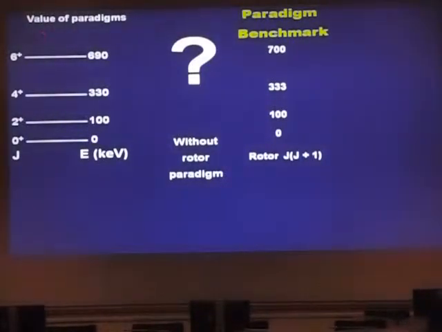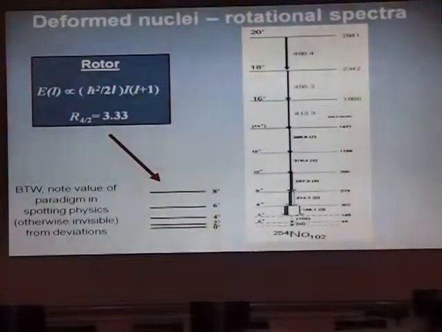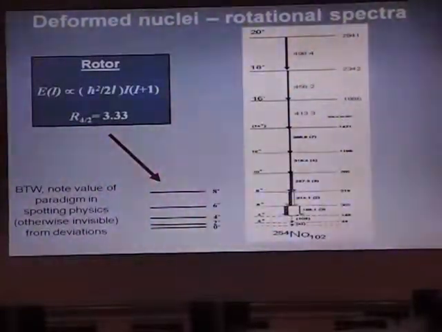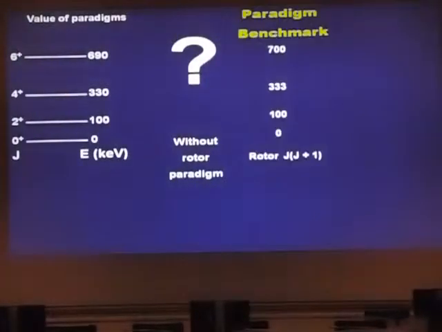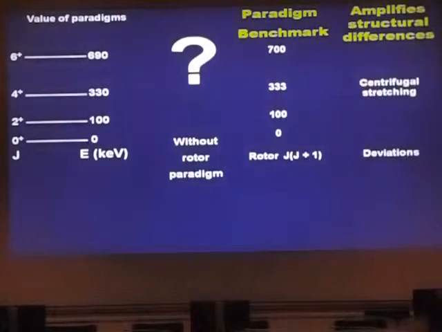Now, there are actually multiple interpretations of this effect, but can anybody think of why these energies would be a little lower than the rotor formula? Yes. Here's this formula. As the nucleus rotates, it stretches, the deformation increases, the moment of inertia increases, and this paradigm assumed a constant moment of inertia. So you immediately get evidence for something like centrifugal effects.